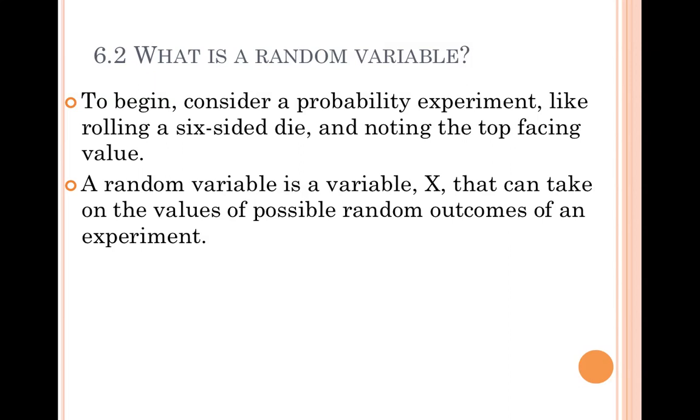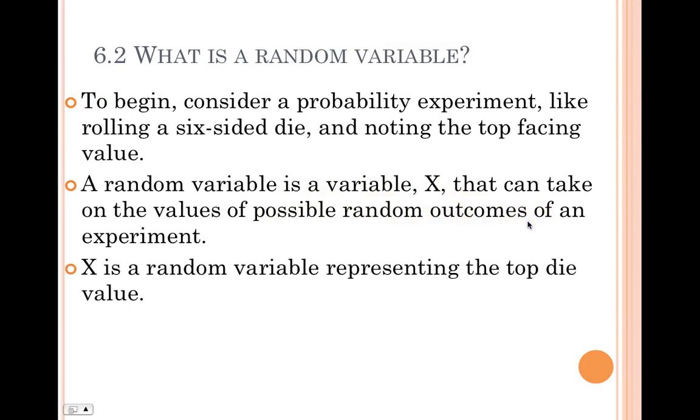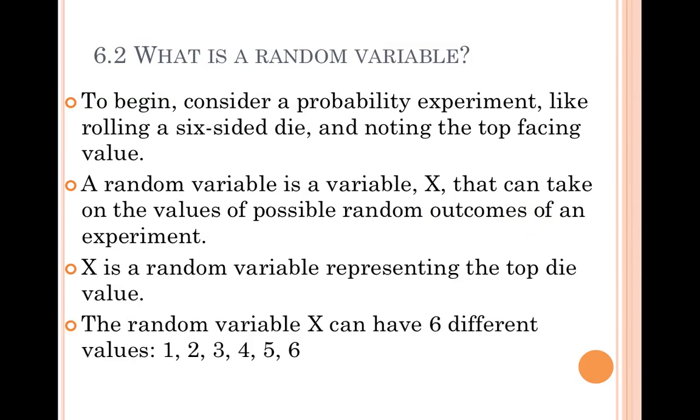So if the experiment involves rolling the die, the possible values that we can have for x are the possible outcomes that we have for this experiment. If x is a random variable that represents the top die value, then the random variable x can have 6 different values: 1, 2, 3, 4, 5, and 6.